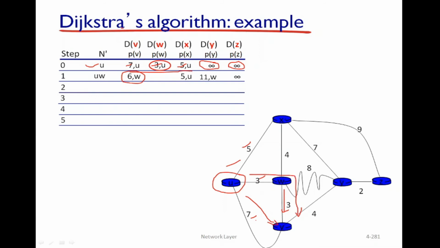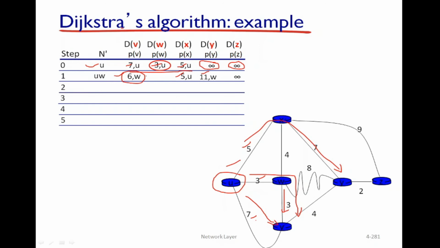So this is the least cost between u and v, and we update the information in the table. The cost to x remains the same, 5. For y it is 11, from u to y.